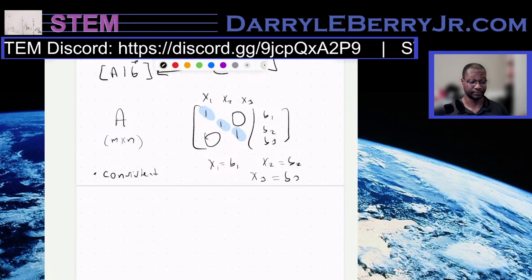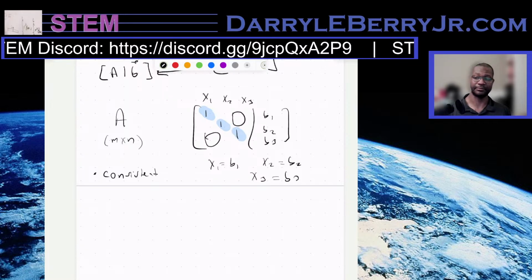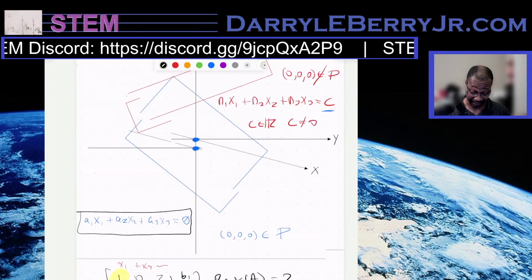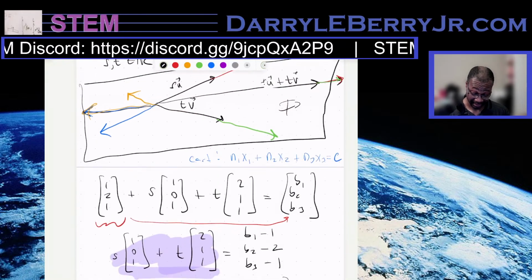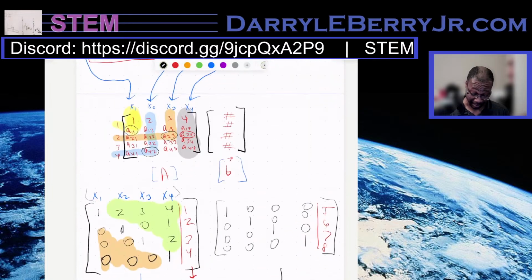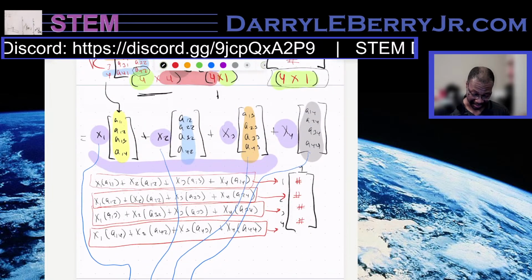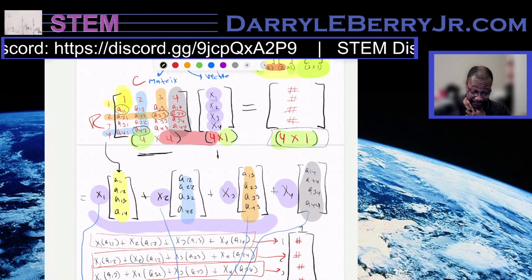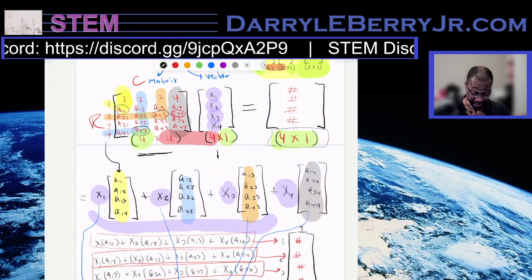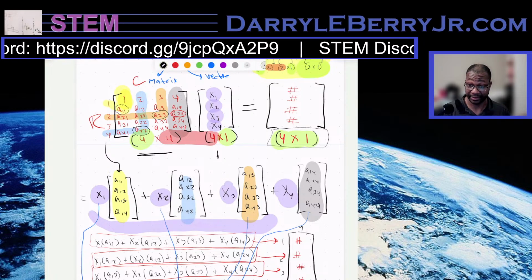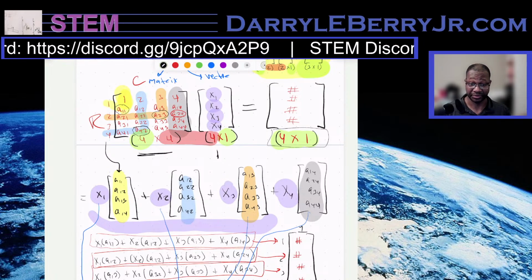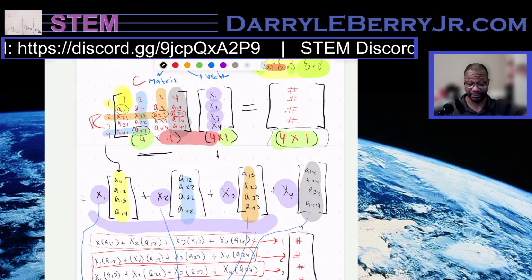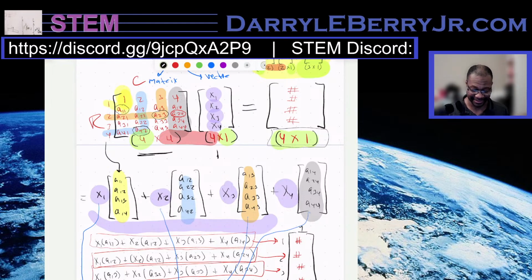So awesome. Seems like a good place to stop. Some good stuff to chew on. I would definitely suggest going and reviewing this matrix stuff and how we multiplied it, because that's pretty much the heart of it, especially when we get to multiplying matrices together. It's important to understand this because multiplying matrices is like this on steroids, right?